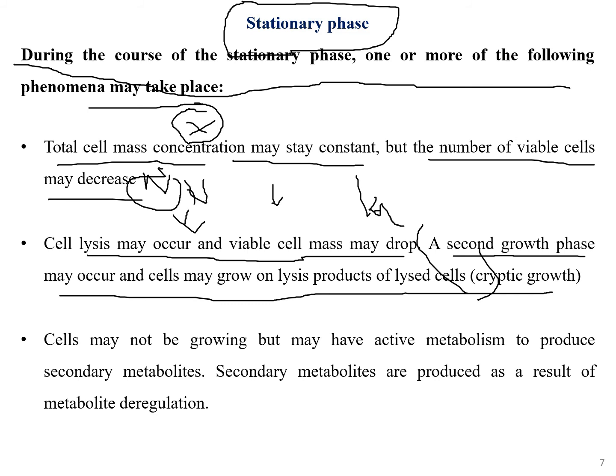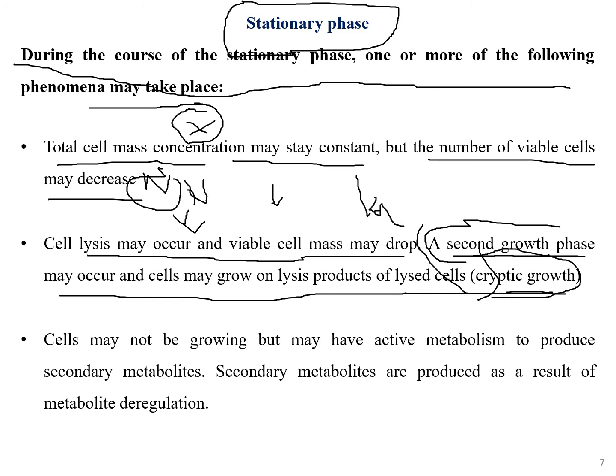So the viable cells now feed on the dead cells that just died, which we know as cryptic growth, also called the second growth phase.